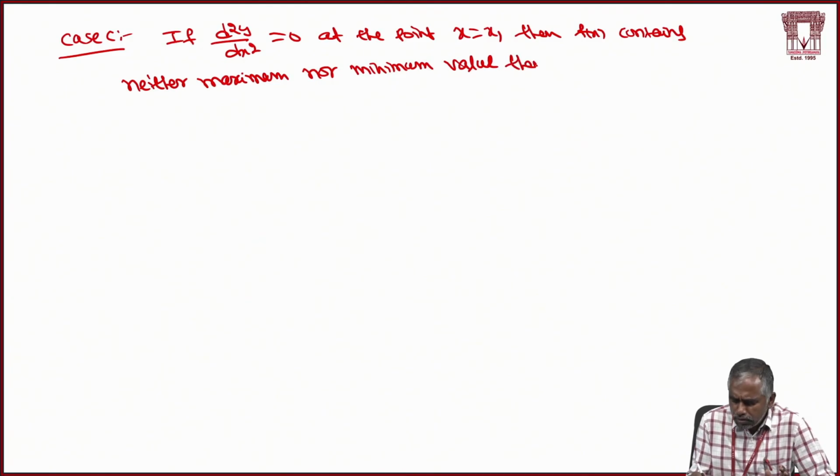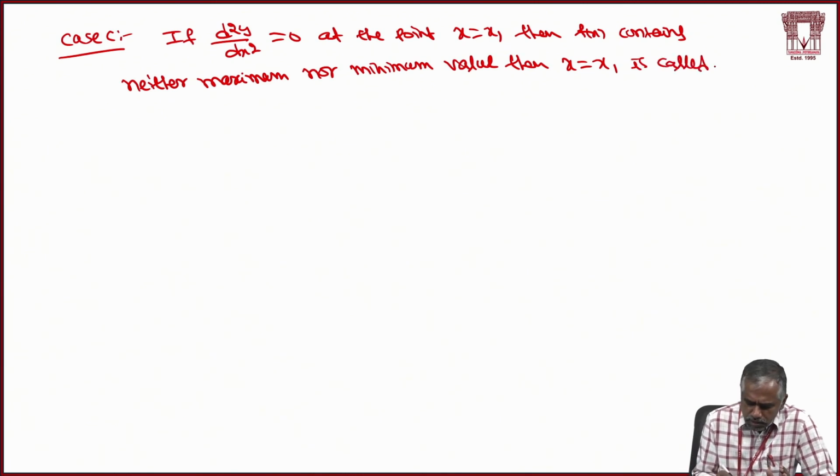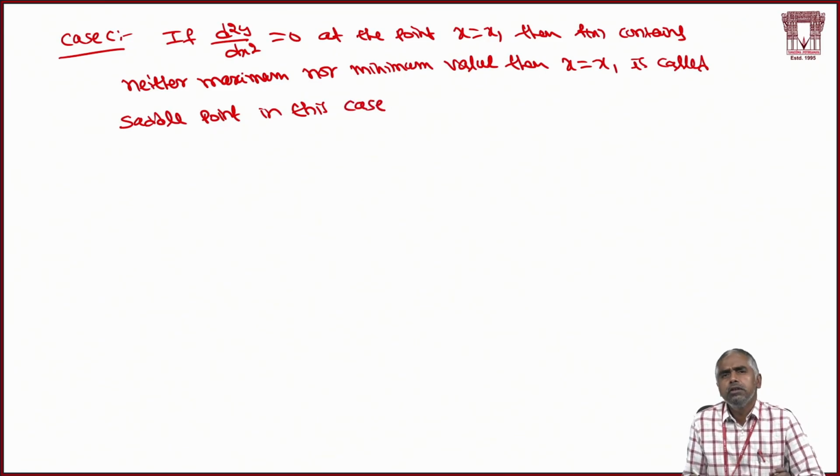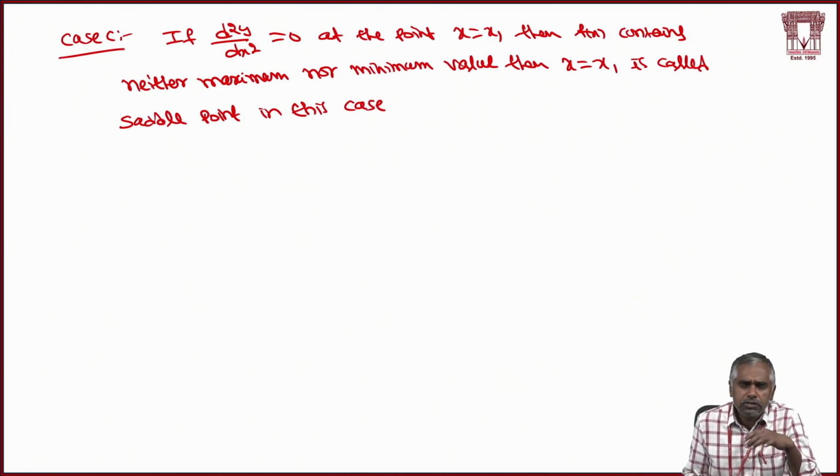Then x equal to x1 is called saddle point in this case. So at a particular stationary point, if d square y by dx square equal to 0, then we can conclude f of x contains neither maximum nor minimum value.